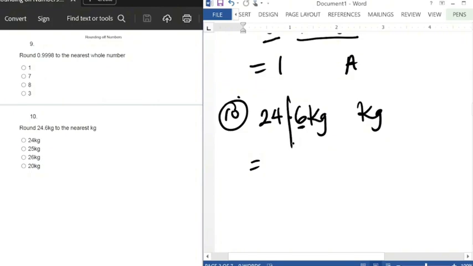Unless what you have there are different units, that's another thing entirely. But now we have kilogram to kilogram. So this is decimal. After the decimal point, we have 6. So 6 is more than 5. We add 1 to 4. So that gives what? 25 kilogram.